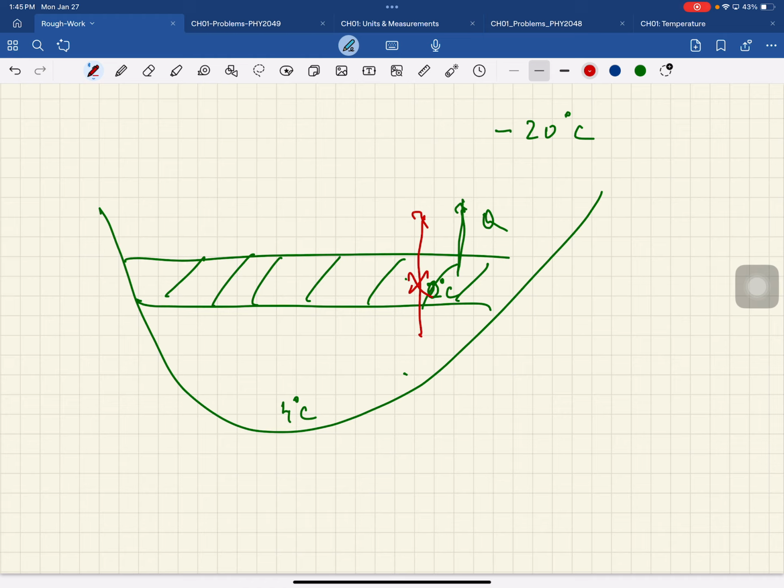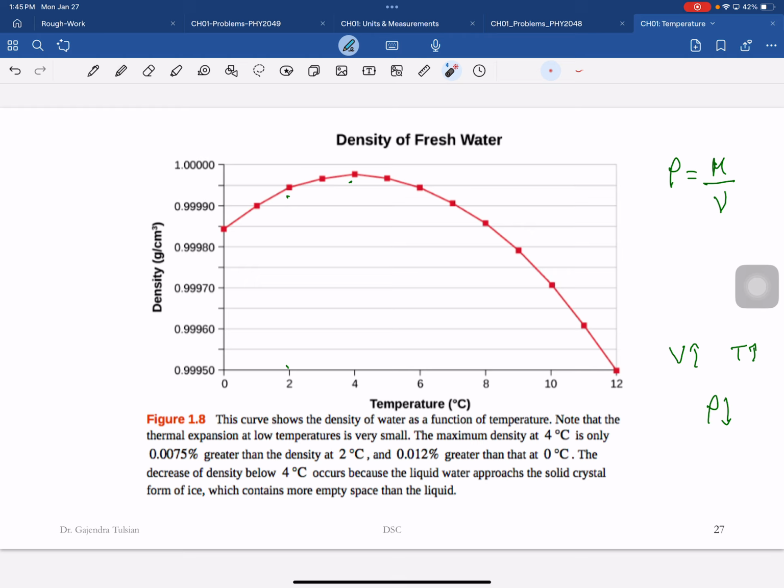So you tried to freeze the lake, and all you could do was freeze this top portion, and this portion was liquid. And this is important for us because fish can live in 4 degrees Celsius. So when you try and freeze a lake, only the top portion freezes. And that's thanks to this graph, this little thing. Very important for life, this little bump in the graph.